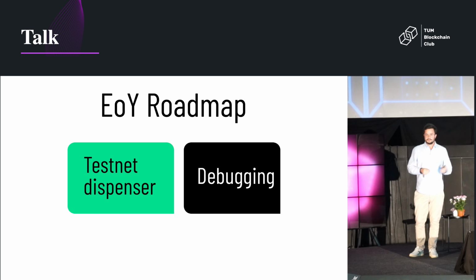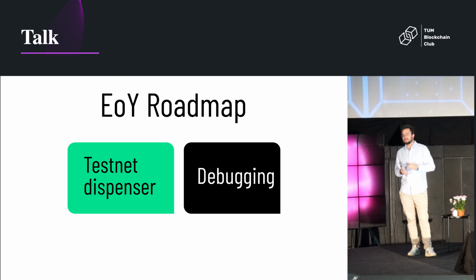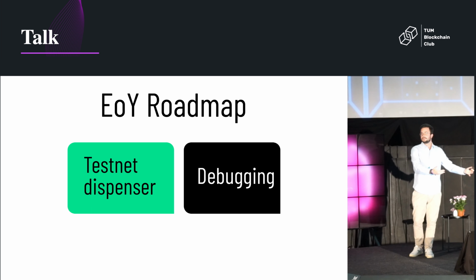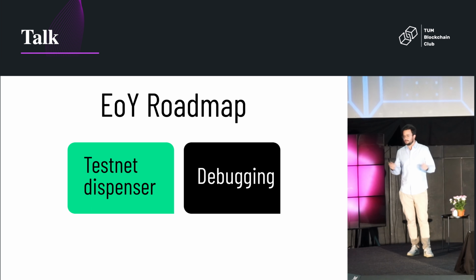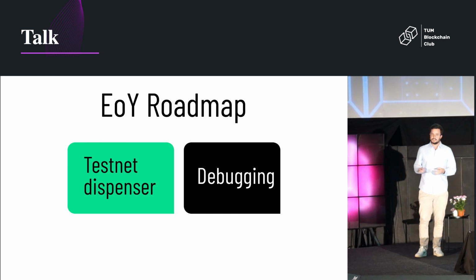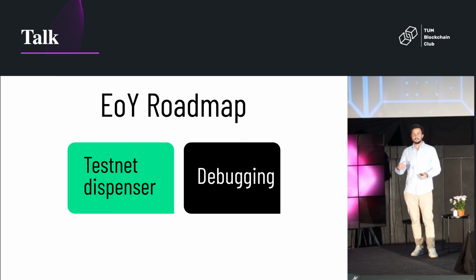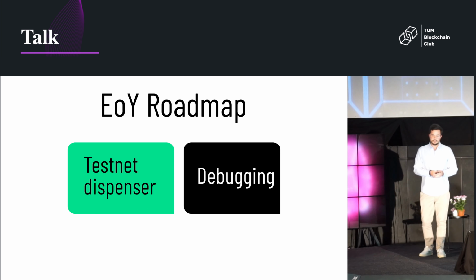You will be able to call an API, get the tokens that you need, and to ensure the integrity of testnet, if you give them back after your testing, the next time around, you can borrow more. So we are trying to teach developers to take care of testnet, because it's not like a staging environment in Web 2 where you can wipe it and then deploy an instance of production.